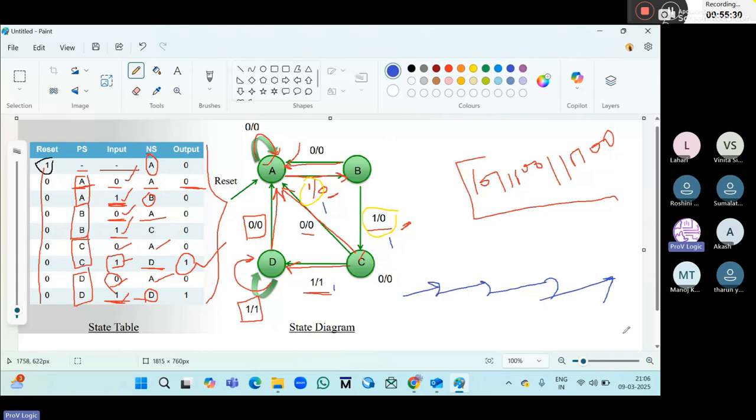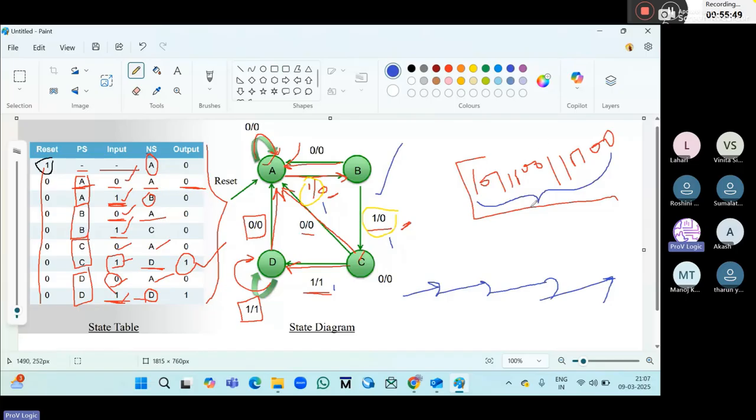Okay, like this you need to write the truth table, state table, and draw the state diagram. For this logic, if you want to draw the diagram, the same diagram will be applicable here also.